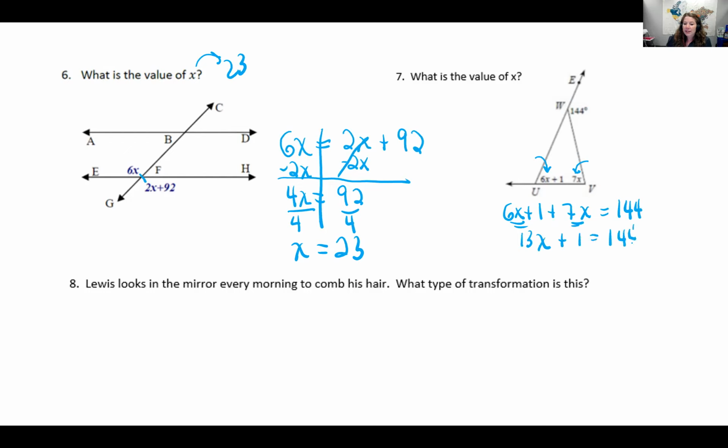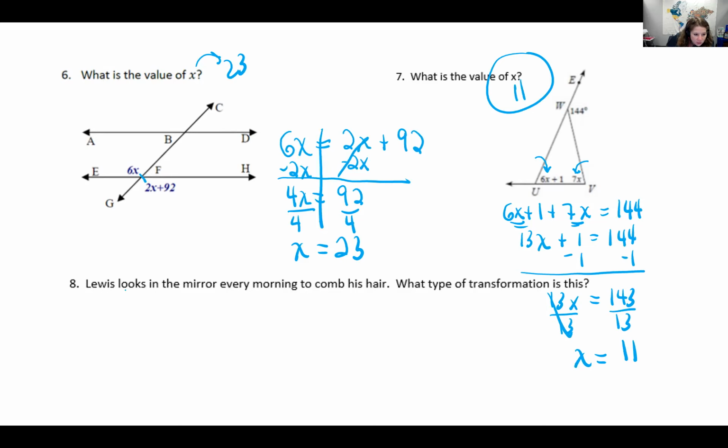We want x by itself, so we subtract 1 from both sides. We have 13x equals 143. Now we get rid of times 13 by dividing both sides by 13. So x is equal to 143 divided by 13, which is 11. So the value of x is 11.